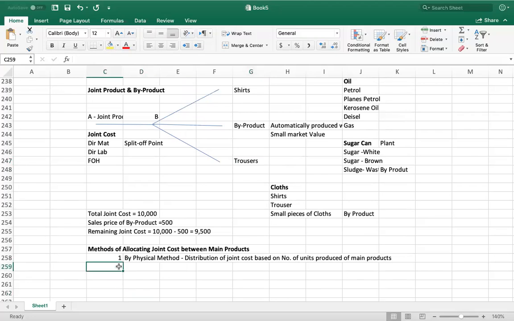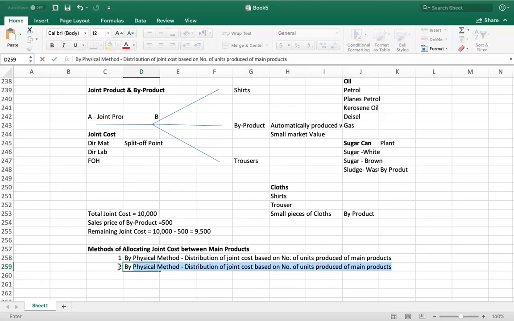The second method is by market value at split off point. Here we distribute joint cost based on market value at split off point.